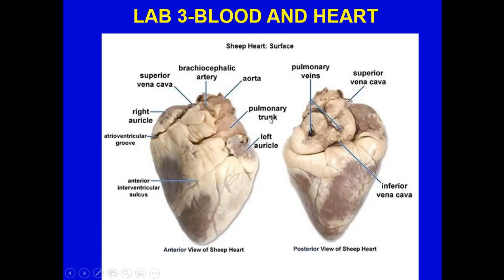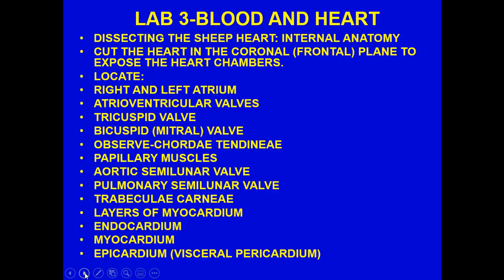Here you see the sheep; it's going to be similar with the steer, with the calf. The big thing that you're going to note is that because of the buildup of some fat, it's always going to appear somewhat whitish. And you can see the normal structures that exist here, here, and here.